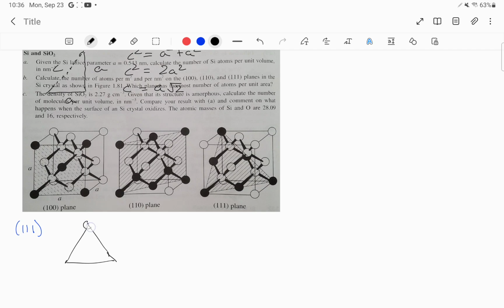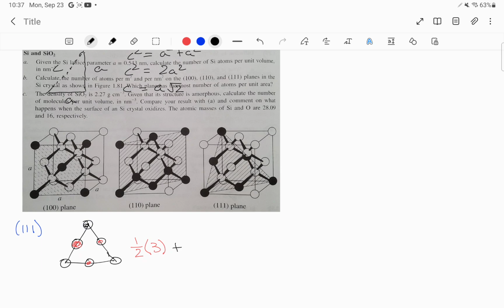And we have an atom here, another one here, another one here, another one here, another one here, and another one here, right? So we know that these 3 right here, we're gonna do it in red, these ones are being sliced in half. So 1/2 times 3 of them, right?